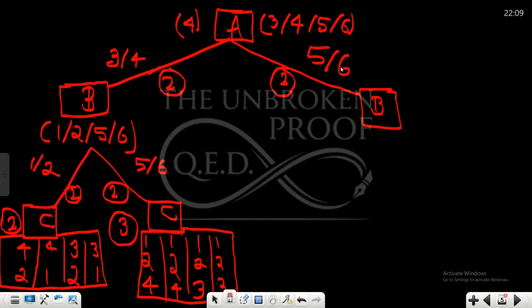Now if I take B in 5 or 6, then let's see what happens. So if I make A to sit in 5 or 6, then B can be either 1 or 2 only, because 3, 4 is also not possible, and this can be 6 if I'm making A to sit in 5, or this B can sit in 5 if I'm making A to sit in 6. Okay, so here you will have 3 cases, and this will also get split into 2, because C is the critical case where 6 and 5 should not be allowed.